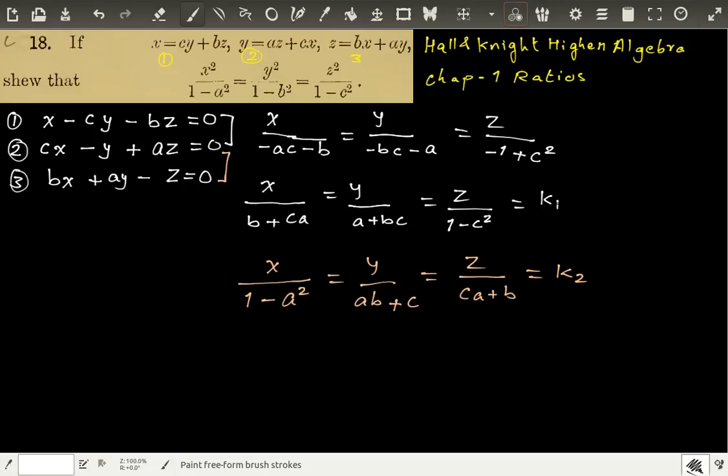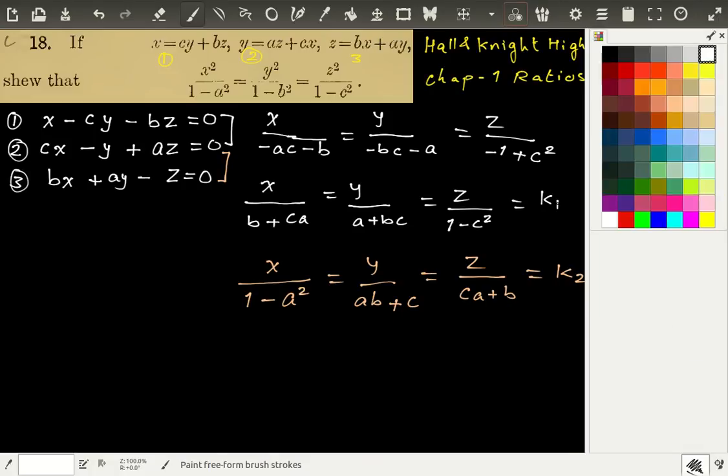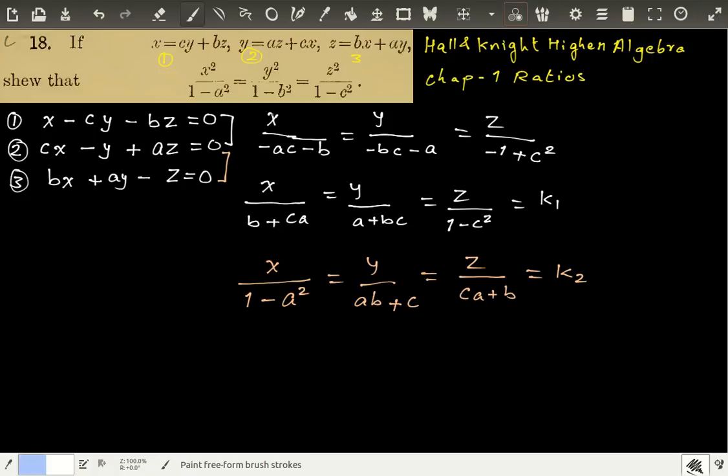Now as a final step, we will consider equation number 1 and equation number 3.